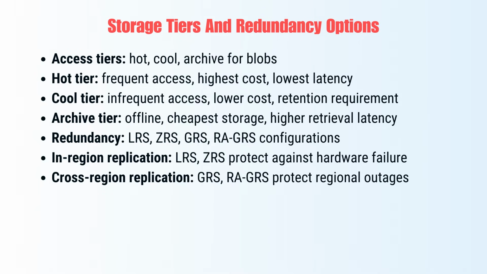GRS, geo-redundant storage, replicates data asynchronously to a secondary region hundreds of kilometers away. RA-GRS, read access GRS. It's like GRS, but allows read access to the secondary region. In AZ-900 scenarios, you'll often choose between these based on how critical the data is and your disaster recovery requirements.